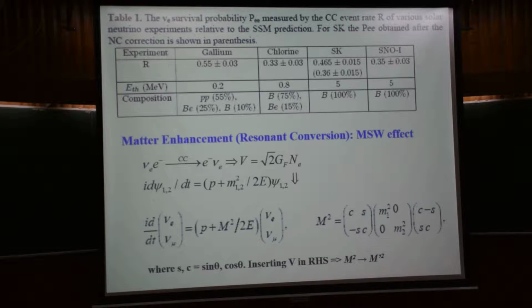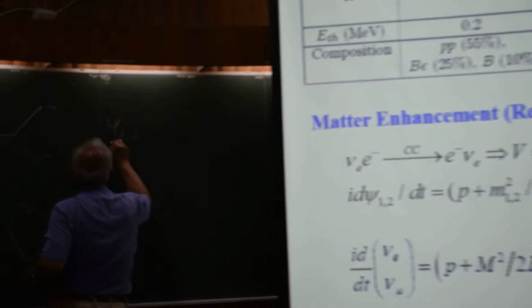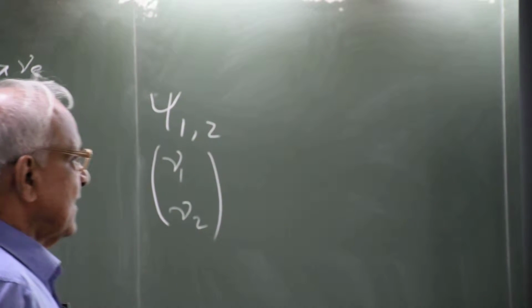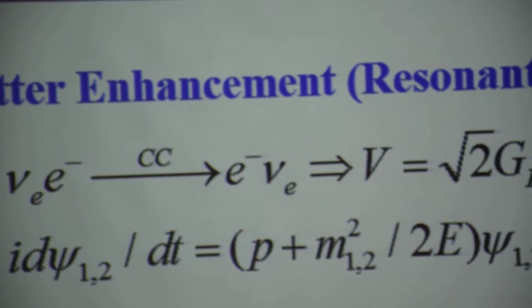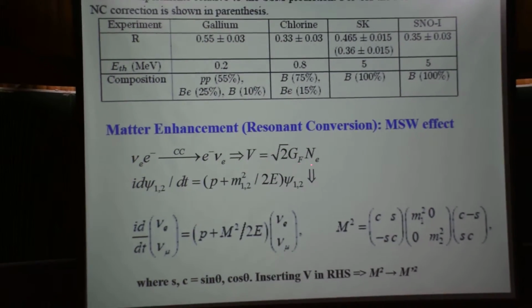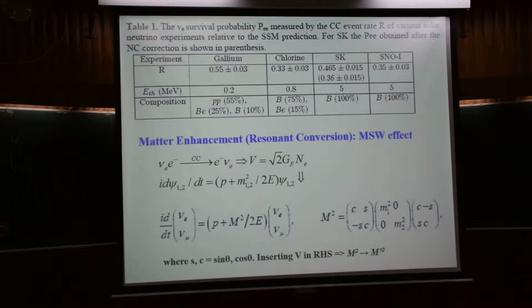What I have written as psi 1 2 is a shorthand for u1, u2. So that is the kinetic energy, and to that we have to add the potential energy. Now this potential energy is affecting only nu E, not nu mu. Of course, there is a neutral current, but neutral current is common to all these flavors, so it has no effect. Can ignore it.